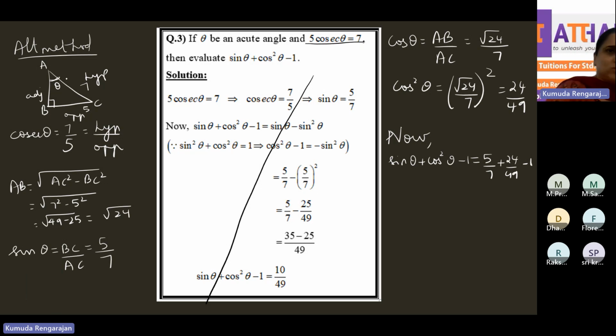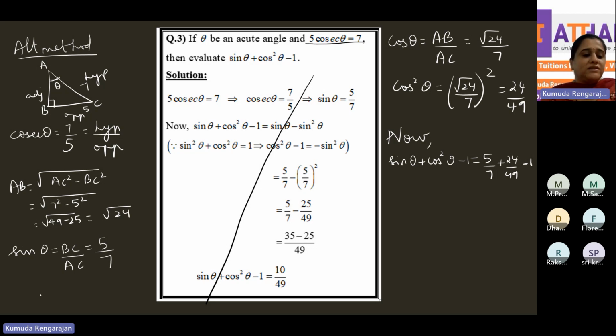Mark any angle as theta. So you know the procedure, right? What's the ratio we have? Cosecant theta is equal to 7 by 5. All right, so right triangle, find the missing side.